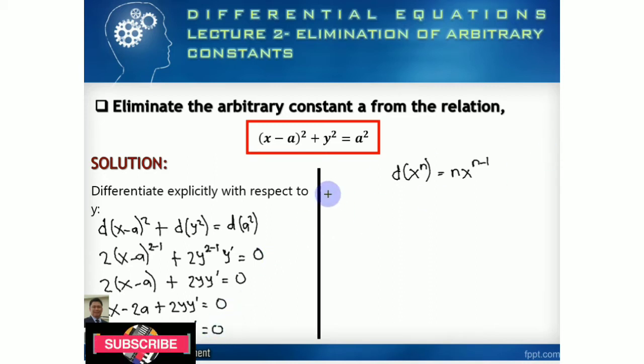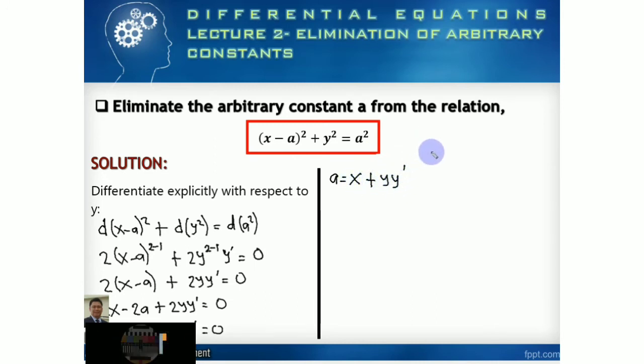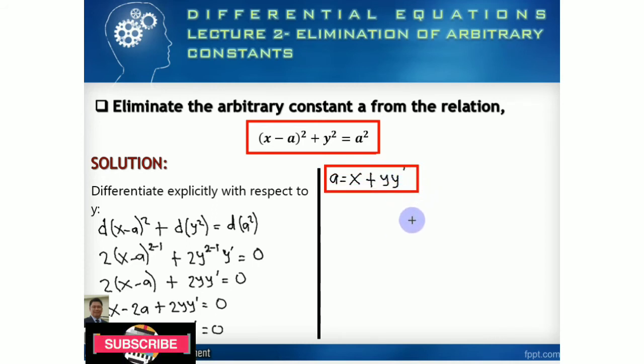So after that we are going to get now the value of a. You transpose a to the other side, so that would be positive, a is just equal to x plus y times y prime. So this would now be our value of a.